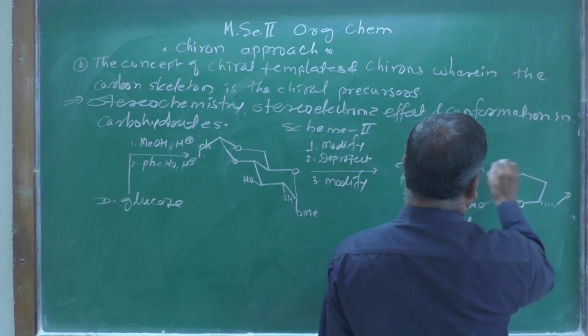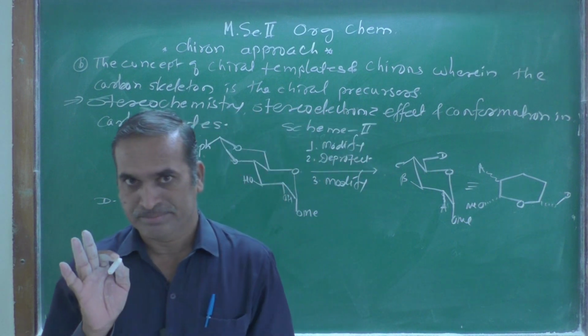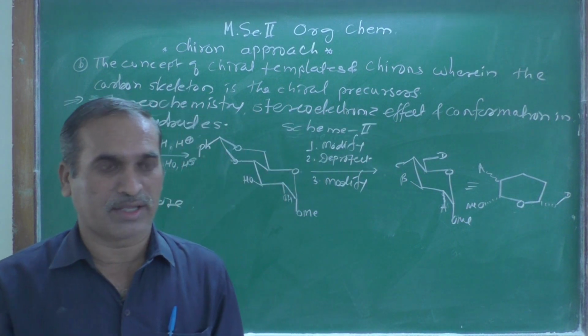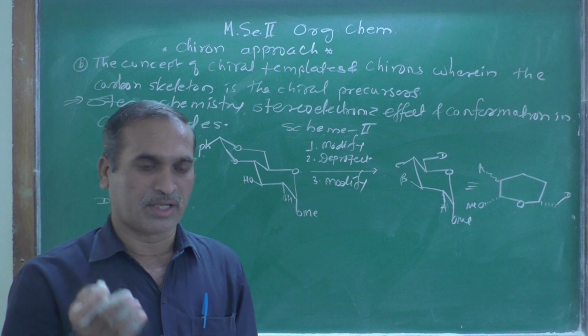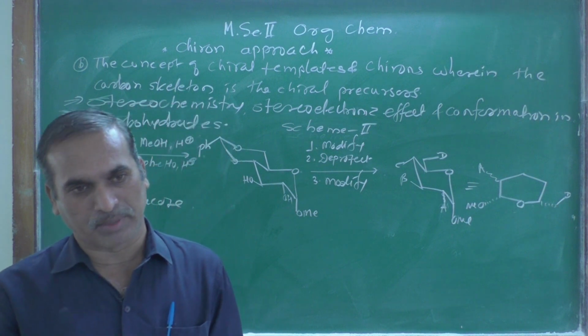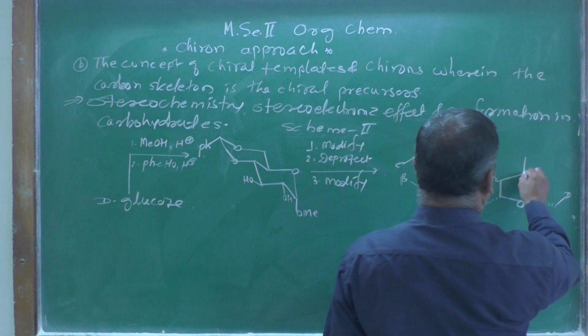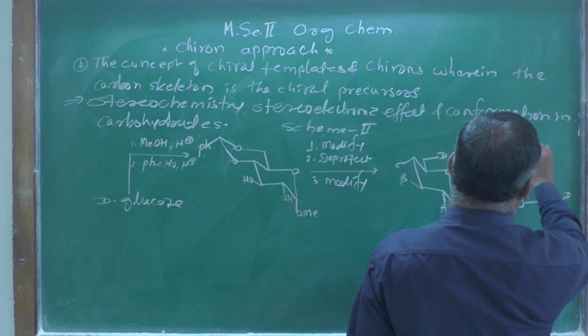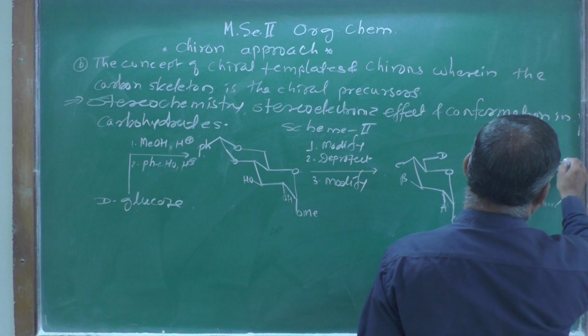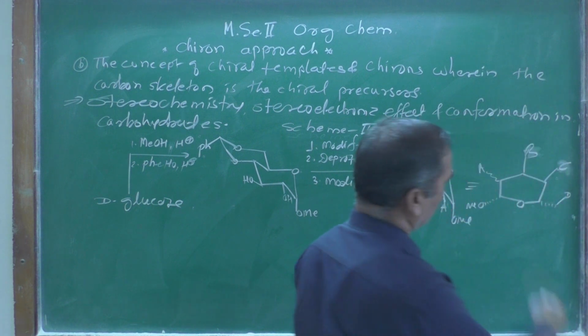The zigzag line clearly indicates that whether it is below the plane or above the plane is not assigned, and that's why it is shown here. And here is B, and here is B, and here is the ABC group, and that is D.